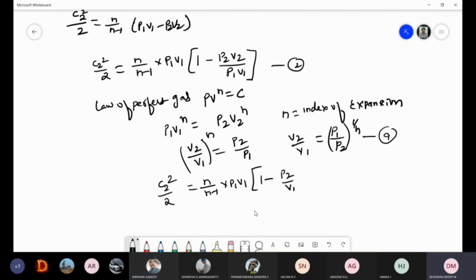Where exactly can I substitute? This is the value for V2 by V1. There is a V2 by V1 here. I will substitute here P1 by P2 to the power 1 by n. Is it okay? Understand, right? This equation.